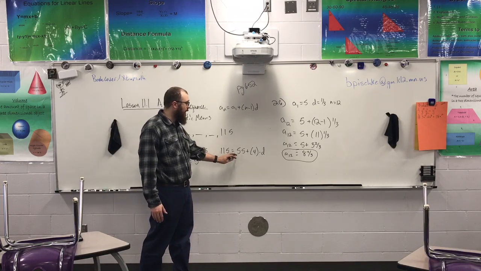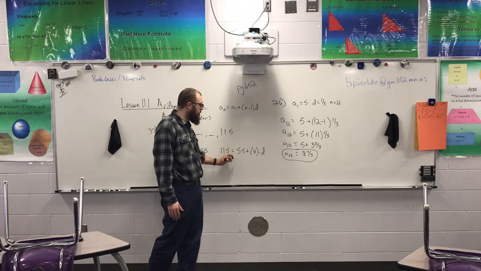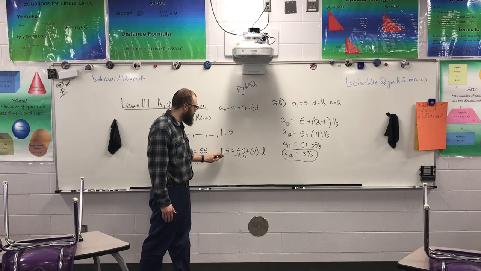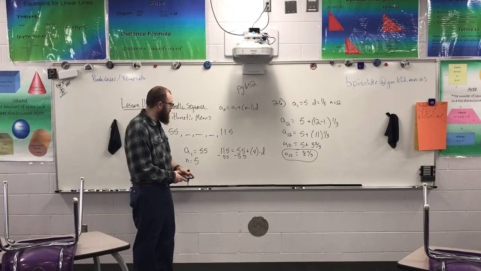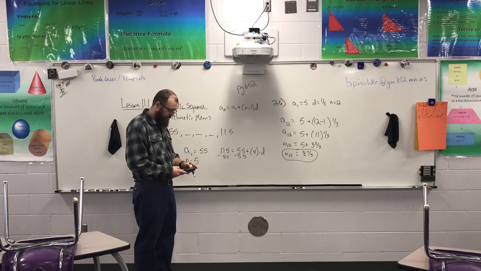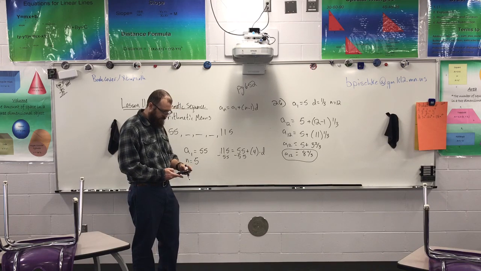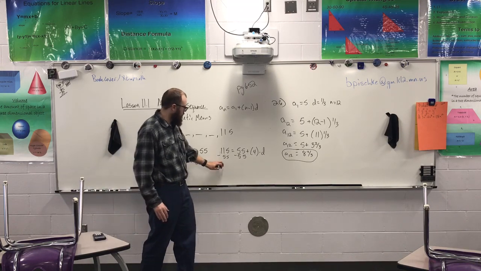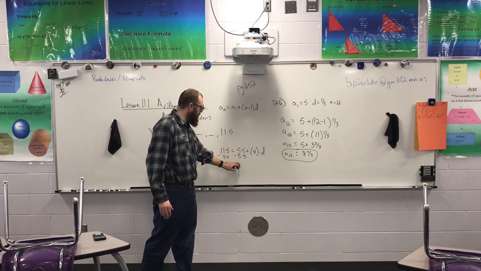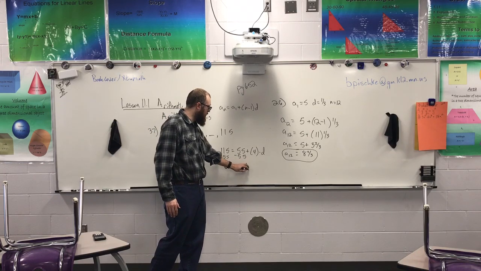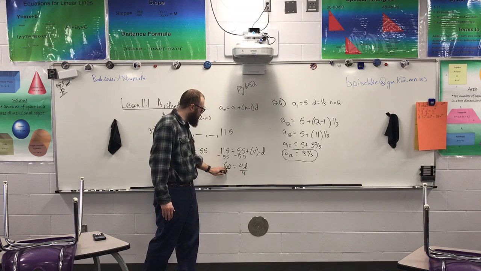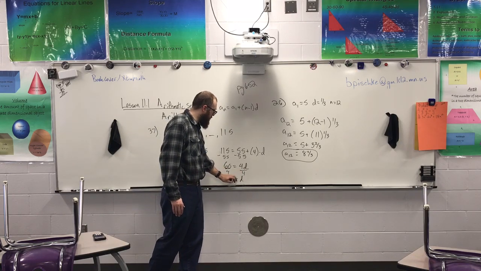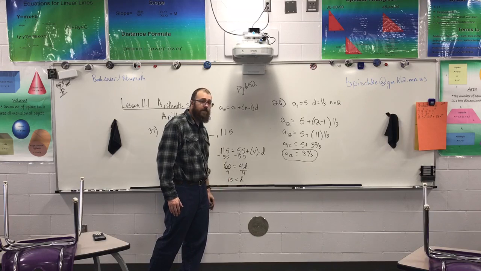So the first move has to be to deal with the addition, which is to subtract away the 55. I do 115 minus 55, which should be 60. Yep. Now I have 60 equals 4D. Now I can divide off this 4 and find out that my common difference is 15.